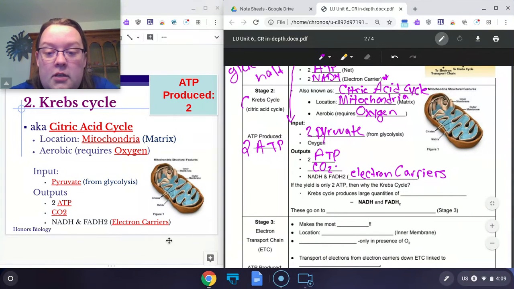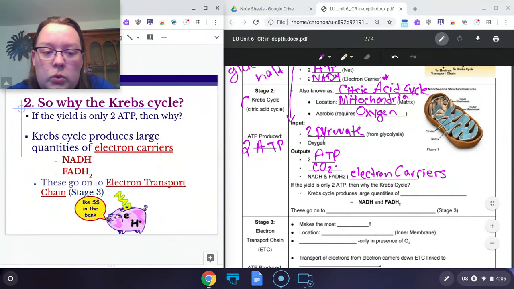Now, this process only makes 2 ATP. Only 2 ATP. So you might be thinking, if it only makes 2, then what's the point? The point of the Krebs cycle is that it makes tons and tons of electron carriers.